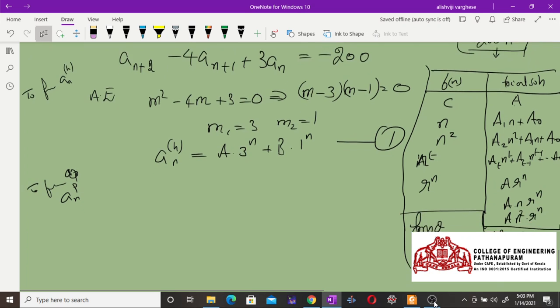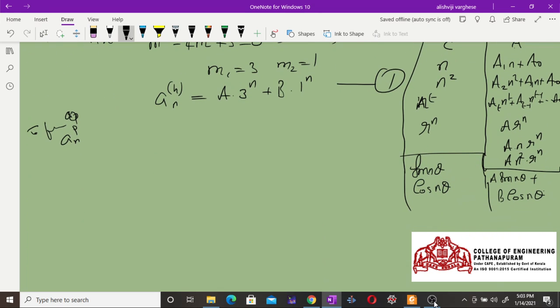Now there are a few more cases which are possible here, and one is if we have something like n raised to t into r to the power n. That is the product of two of the above mentioned functions. Then it is r raised to n into a polynomial of order t, plus etc. up to a0.